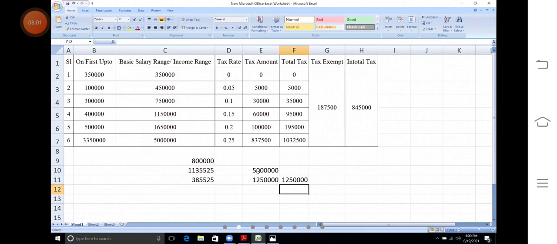Okay, listen. 15%, your investment 15%. 100 taka for 15% means 0.15. If you multiply, look at these things, I just show it to you. This multiply by 15, then again you need to divide by 100.